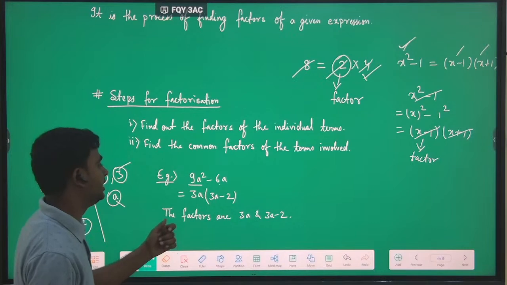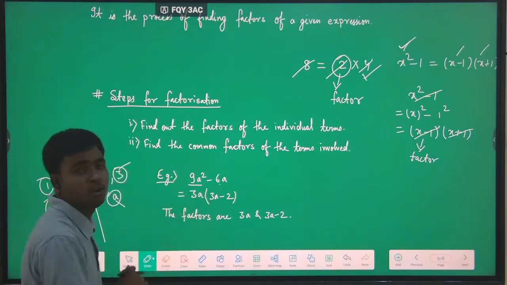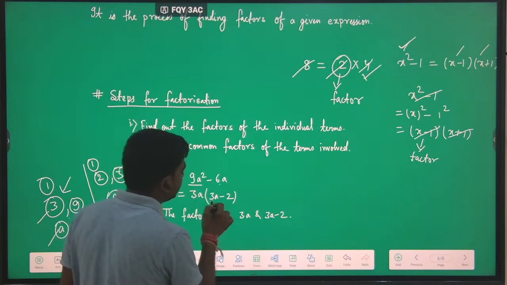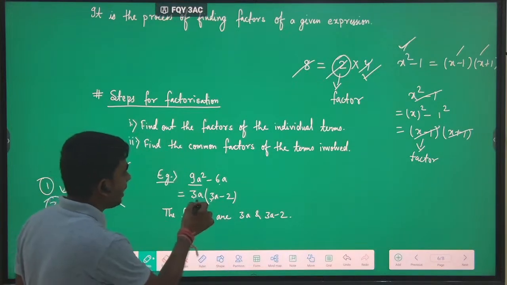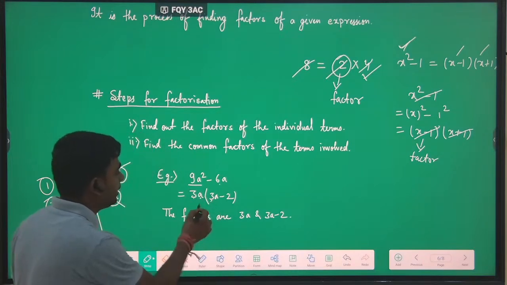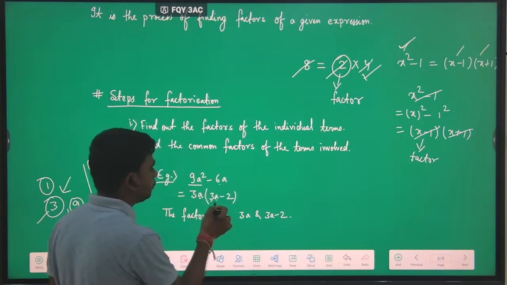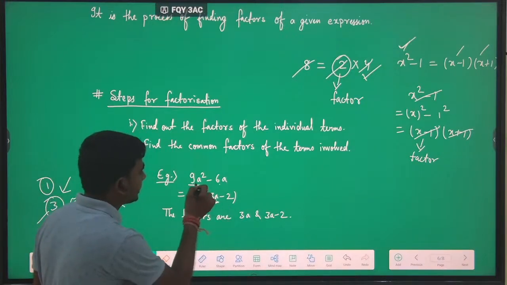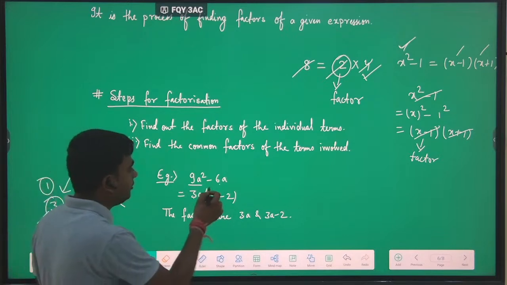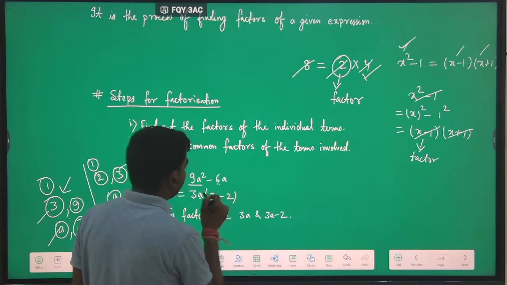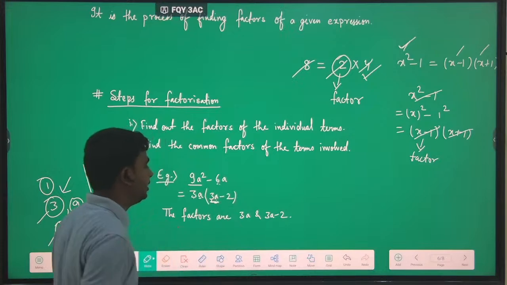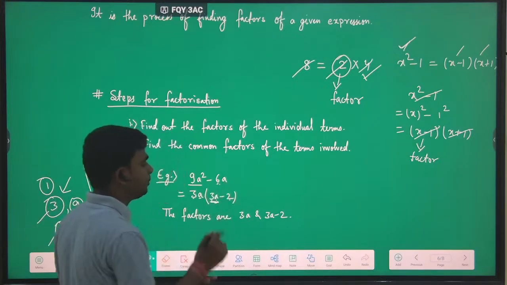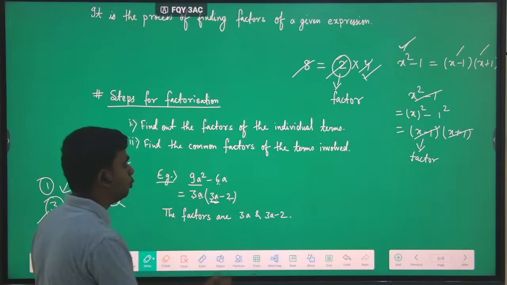So after taking 3a out, what will we get? 3 into 3 is 9, so this 3 will be written here, and after separating a, a into a will be a square, so we will get 3a in this part. 3 into 3a is actually 9a square. And if we separate 3a from 6a, 3 into 2 is 6, and a is separated out, so it will be 2 only.